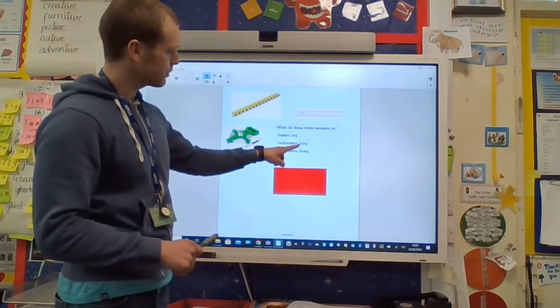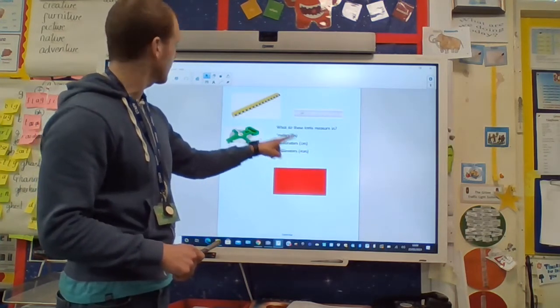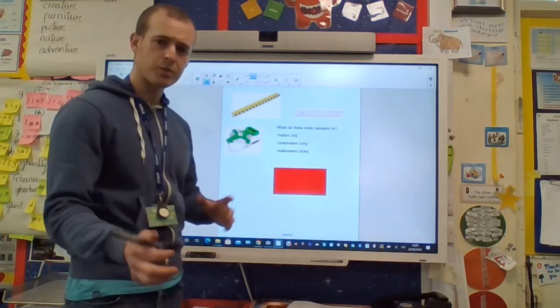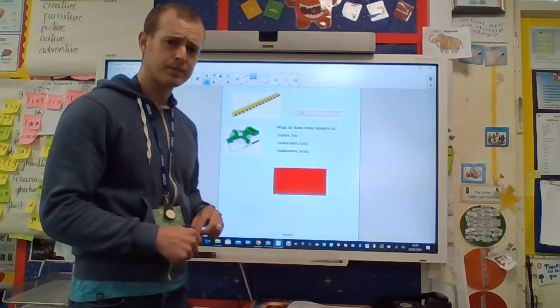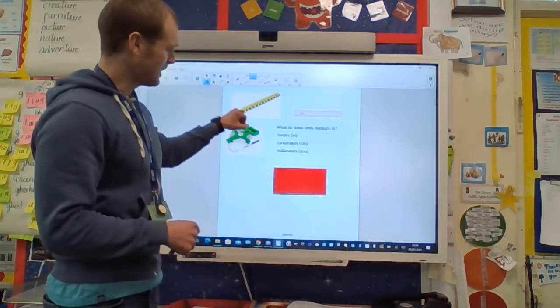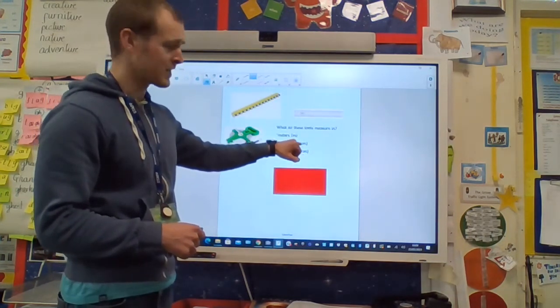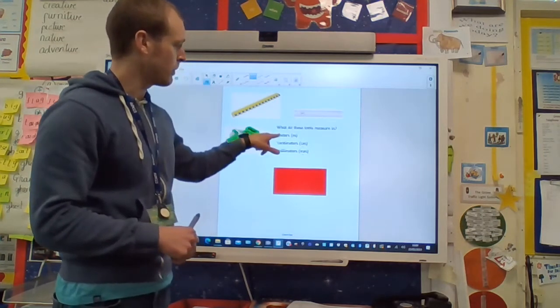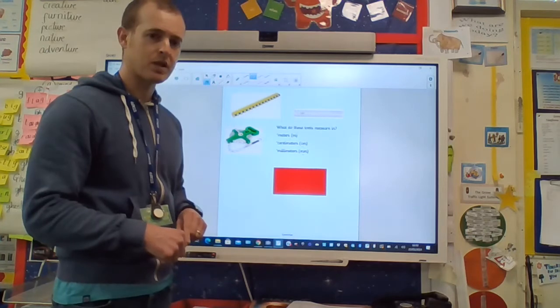Rulers usually measure centimetres and millimetres. Sometimes you might get the odd one which measures inches. Meter sticks would measure in metres and centimetres, and our tape measure would measure in metres and centimetres.